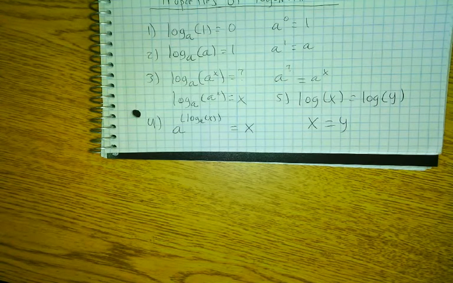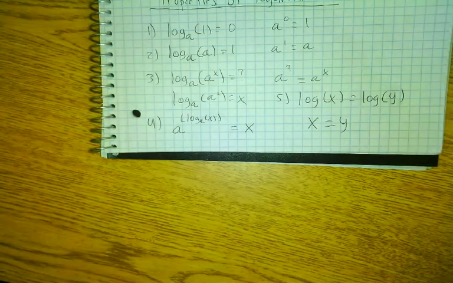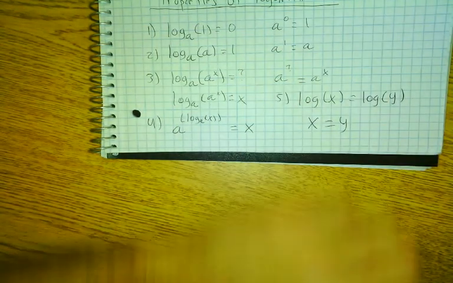How can two logs be the same? Whatever's on the bases are the same, let's start out with that, and then the insides have to be the same. Just like any statement, how could 2 equal 2? Well, there has to be a 2 on each side, right? So we're talking about logs. First, they have to have the same base, and secondly, whatever's on the inside has to be exactly the same. Fair enough?